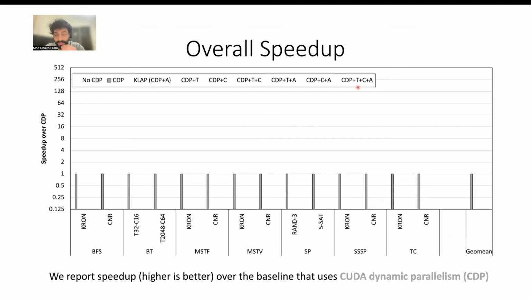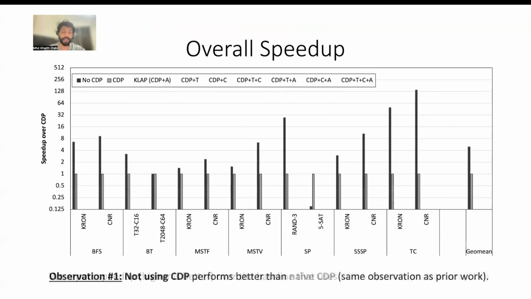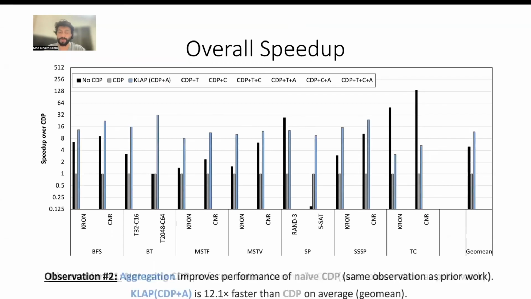So in this case, CDP plus T plus C plus A means that we are taking the CDP baseline version, and then we apply thresholding on top of it, and then we apply coarsening, and then we apply aggregation. Our first observation is that not using CDP at all actually performs better than using CDP naively, which is consistent with all the observations from previous work.